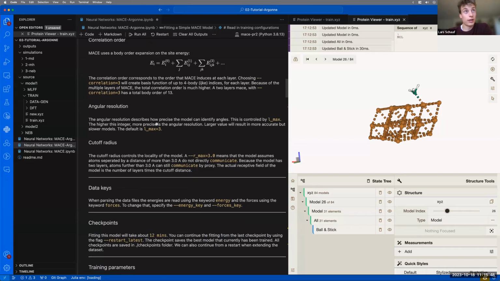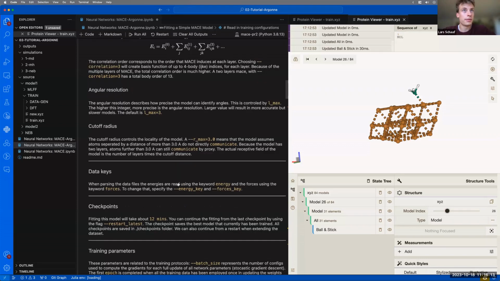Another one is the spherical harmonics. So the angular part of the basis is expanded in spherical harmonics to make making the basis rotationally equivariant easier. And here you can select the maximum L of the spherical harmonics, and so this kind of selects the angular resolution of your basis.